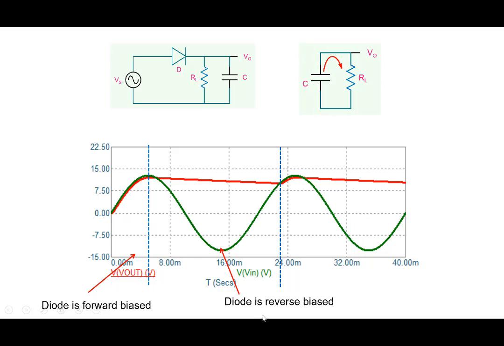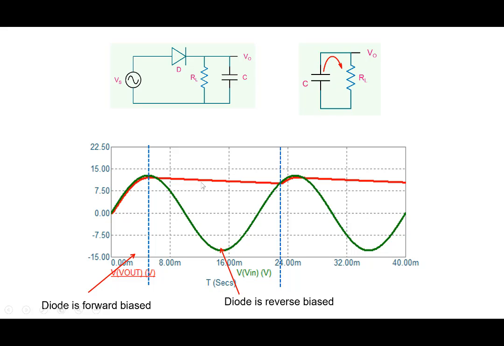Here the diode is forward biased. And then again in this small part the diode gets forward biased again. Once the input voltage goes above the output voltage, the diode becomes forward biased and starts conducting again.